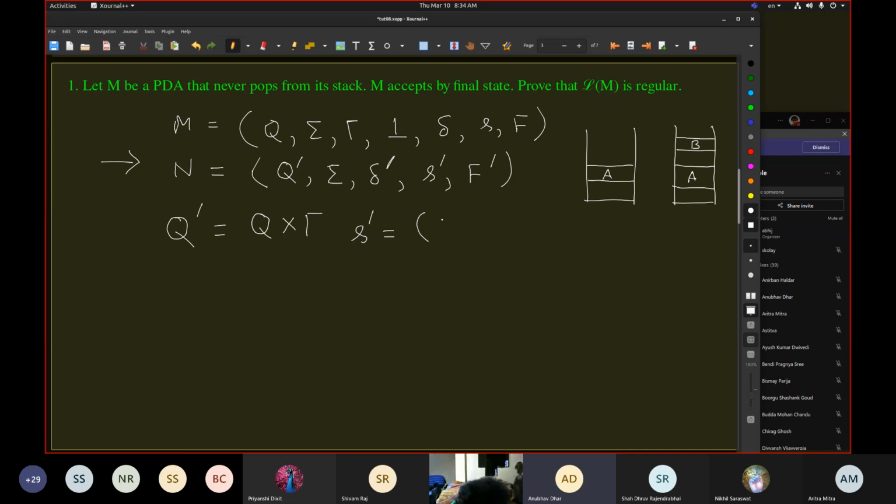S comma bottom marker. And what will be the final states? F cross gamma. Good.